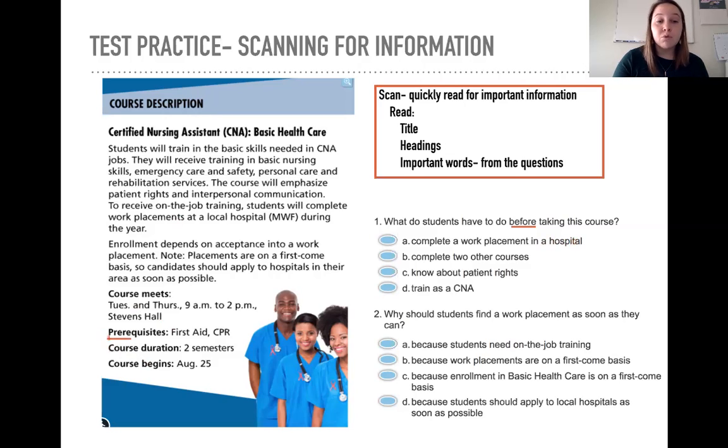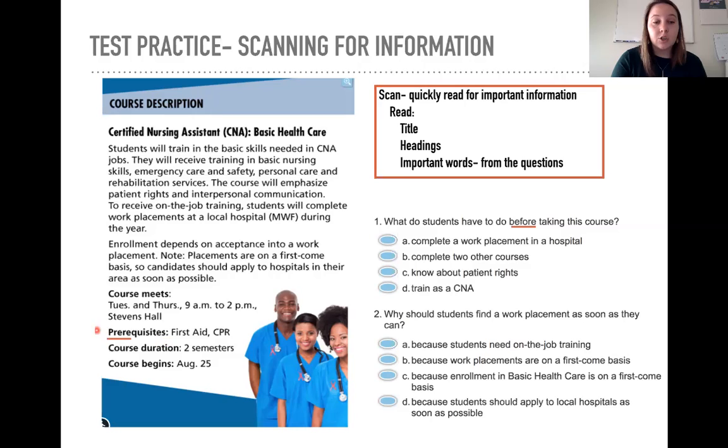Yes, we talked about prerequisites. So this might be a vocabulary word that you need to write down. Pre means before. This here looks like the word require or requirement. So prerequisites are things you have to take, classes you have to take before you can take a course.